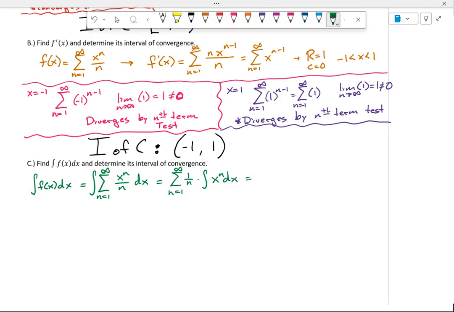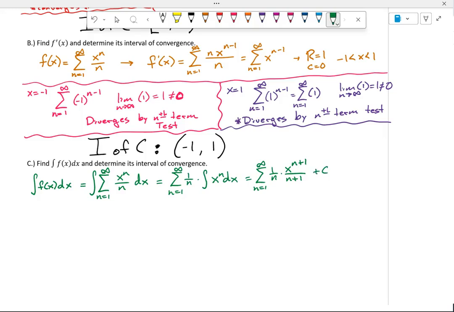All right, so then I have the sum as n equals 1 to infinity of 1 over n times, what is the integral of x to the n? X to the n plus 1 divided by n plus 1. Okay. Plus c.